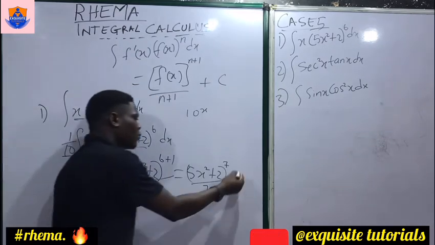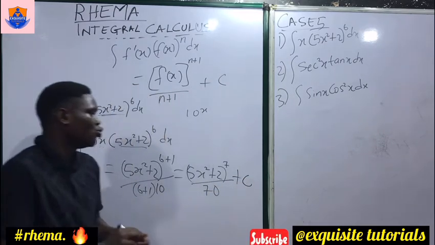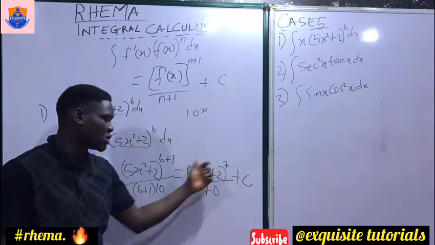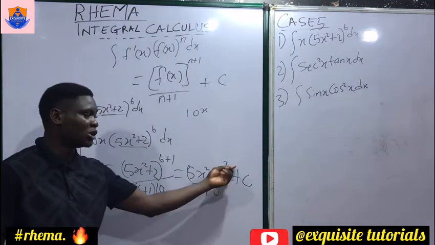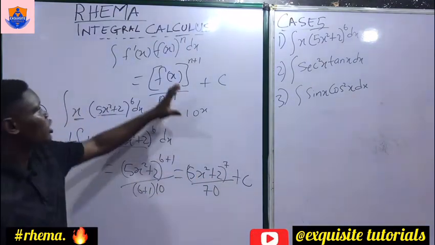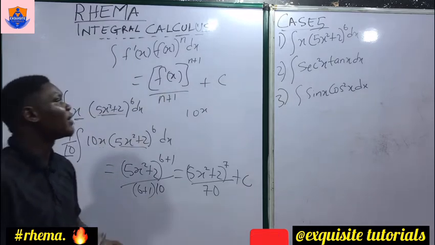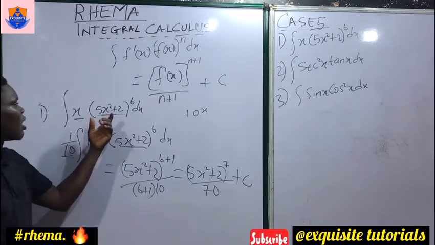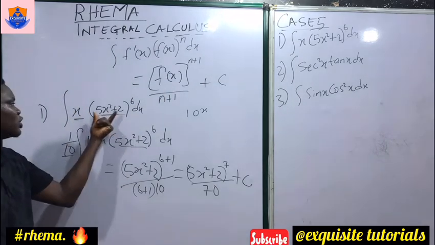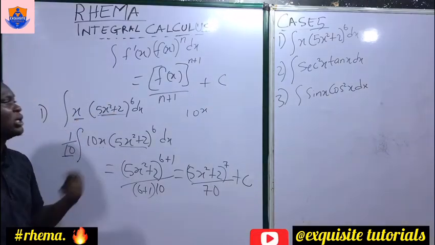Now normally if you are asked to differentiate this, you have to just use chain rule, bring down this 7 to cancel out, then differentiate the inside, subtract 1 from it. It will give you back this. So whenever you see two things, if peradventure you differentiated this and you didn't get this, manipulate.